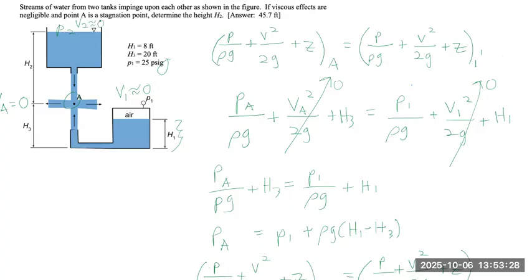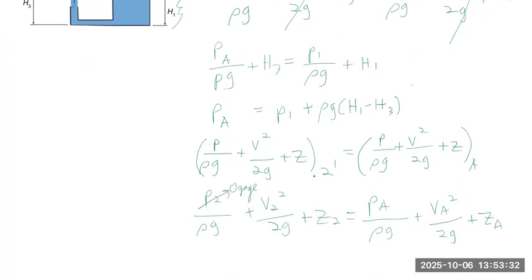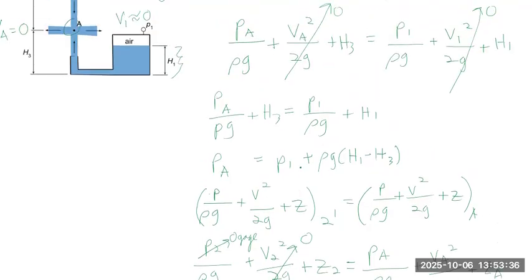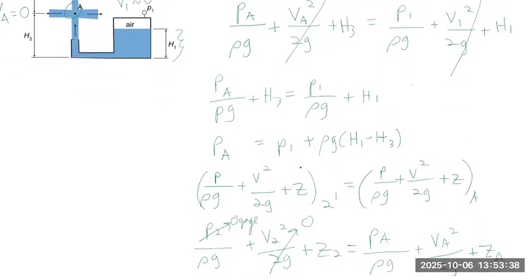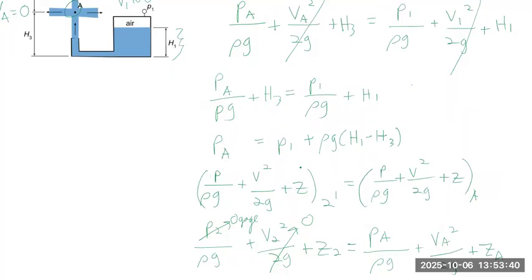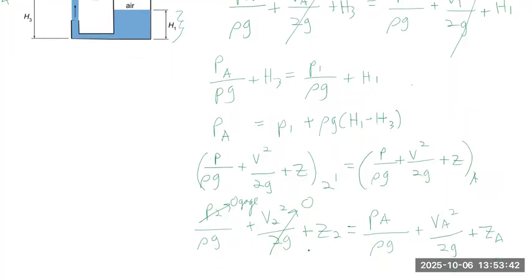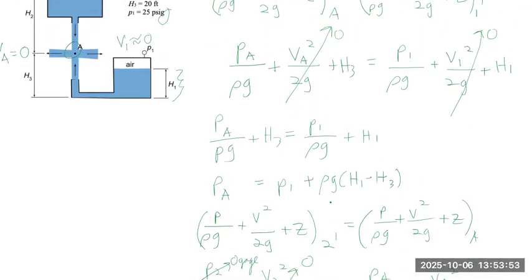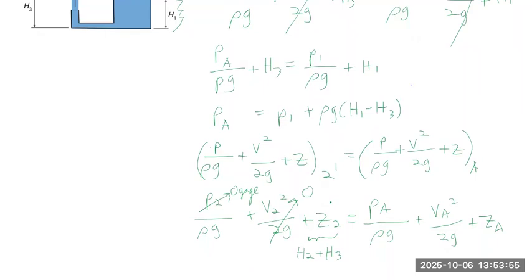So V2 is about 0, and this whole term goes to 0. And Z2 is equal to H2 plus H3. It's basically the potential energy at that point, and the potential energy is directly related to the height above the ground.